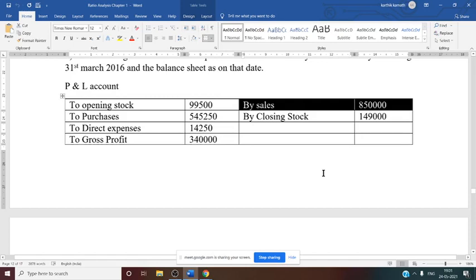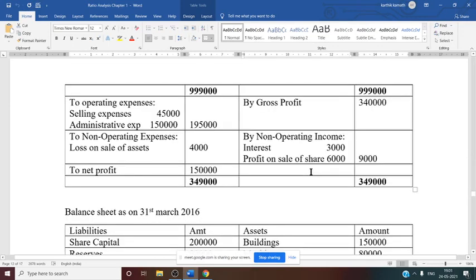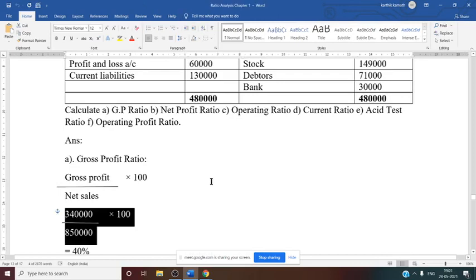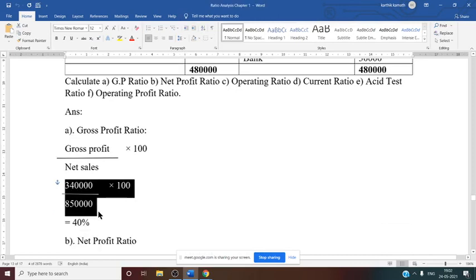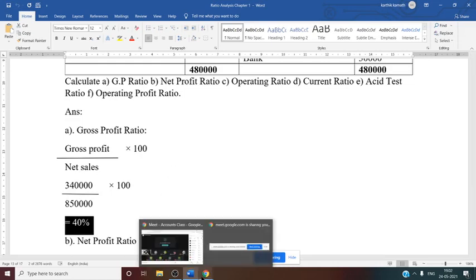There is no sales return given in the P&L account, so we'll assume that this sale minus sales return, that itself is the net sale. So here in this question, sale itself is the net sale. So we know the net sale amount also. So here gross profit we know 3,40,000 divided by net sales, it is also given in the question 8,50,000, into 100. So our gross profit ratio is 40%, or else you can say 0.4:1.